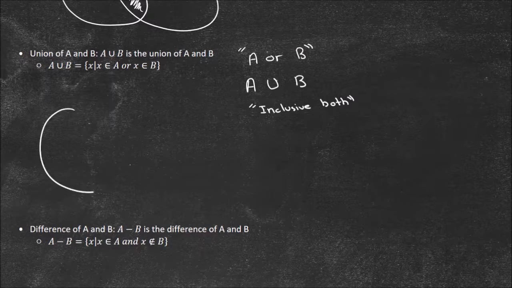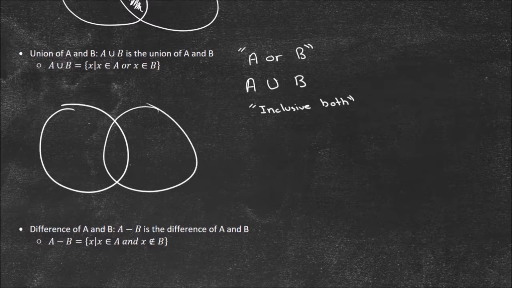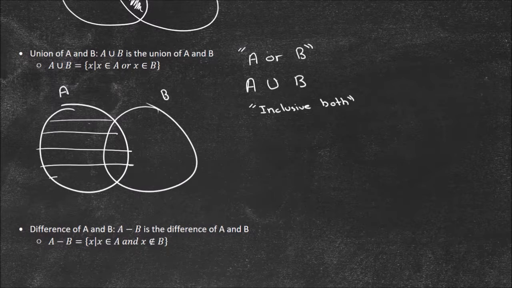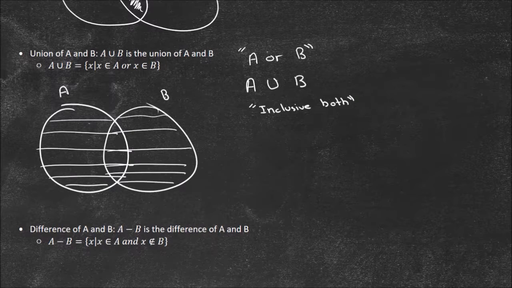Okay, so again we're working with A and B, and we're going to assume they meet somewhere in the middle. They don't have to, but we're going to do that for our example. Remember our condition in set builder notation: x, where x is an element of A or x is an element of B. I'm going to first start with x as an element of A. That includes this intersection, right? And then it says or x is an element of B. Well, there's going to be some overlap there. Those are my answers.